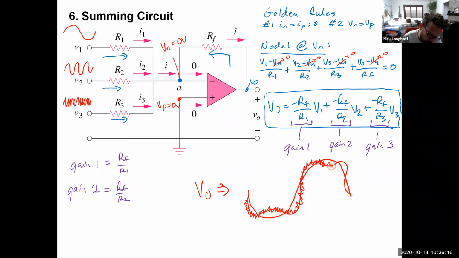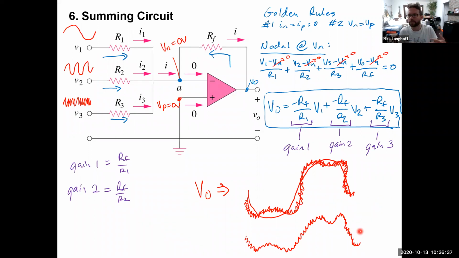And that is what the final output signal is going to look like, kind of like that. Okay, you take those three signals together and add them up, by the factors determined by gain 1, gain 2, and gain 3. And that'll get you the final output, okay?